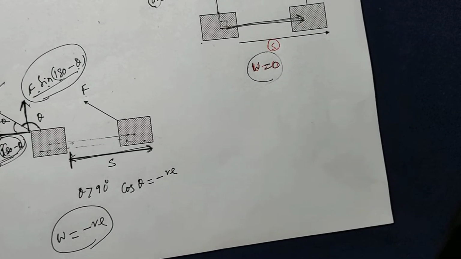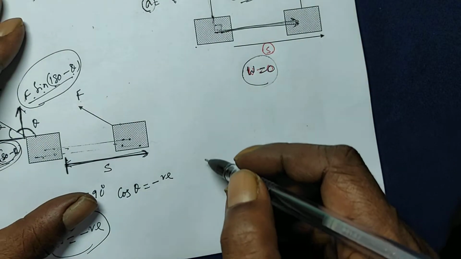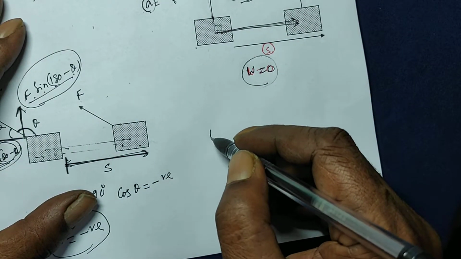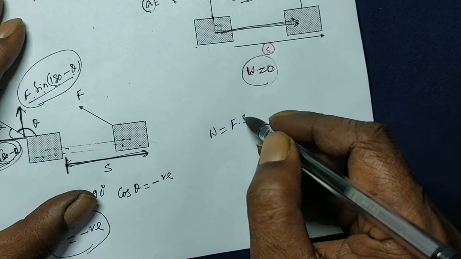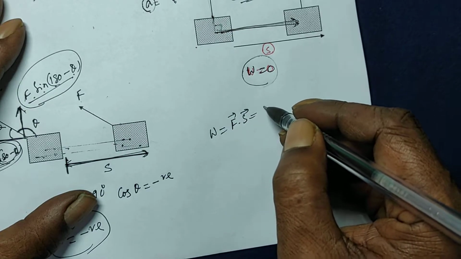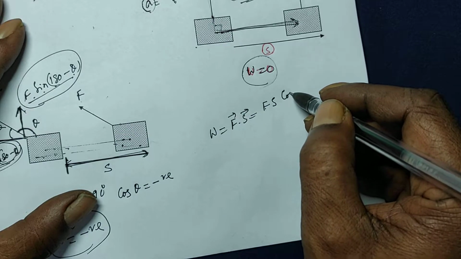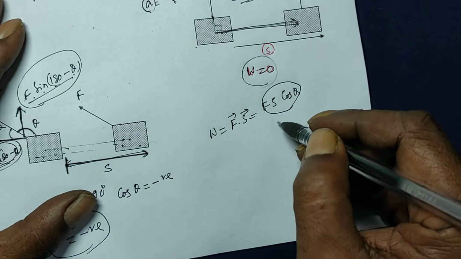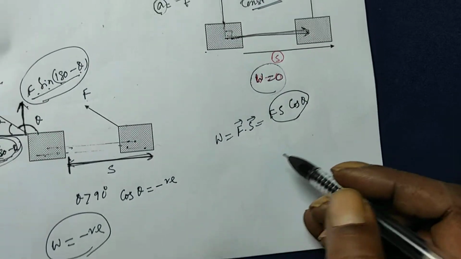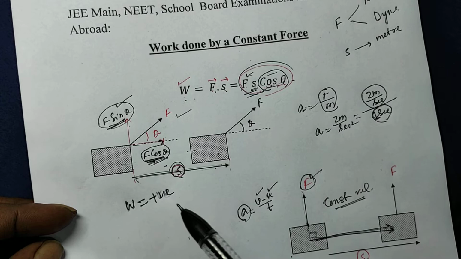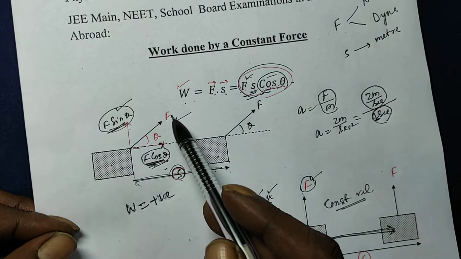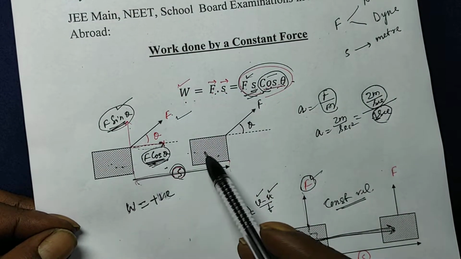Now I'll switch on to numericals. So what we just learned, W is equal to F dot S, the dot product: magnitude of the first, magnitude of the second, cosine of the angle theta. And if theta is less than 90, as in this case, work done is positive, and the component of this force is trying to increase the speed.